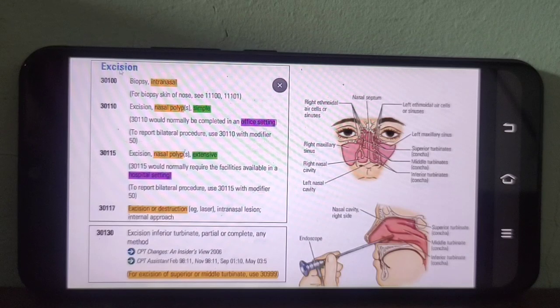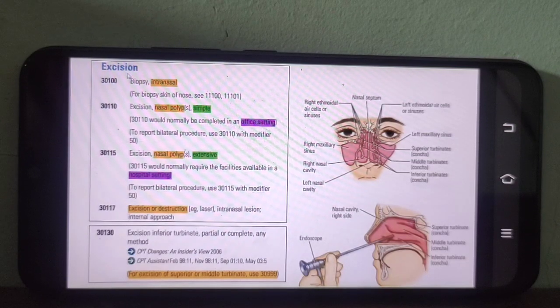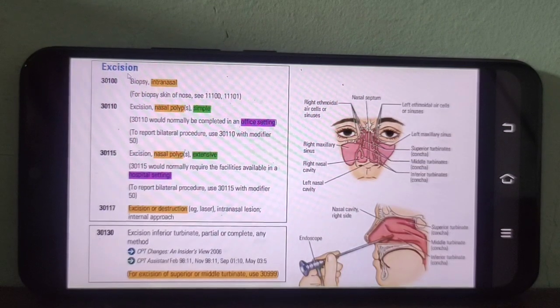Under the heading of incision, excision, repair: if the codes are present under the heading of incision, excision, repair, those types of procedures are considered open procedures. Take a note. Those procedures are considered open surgery.